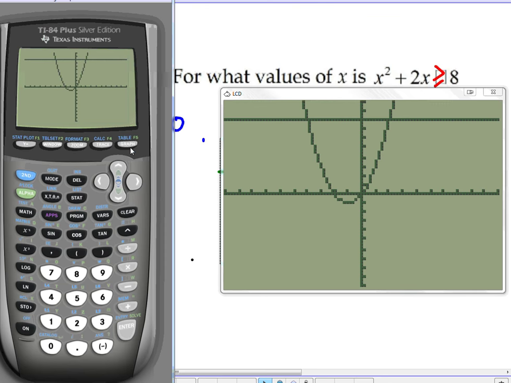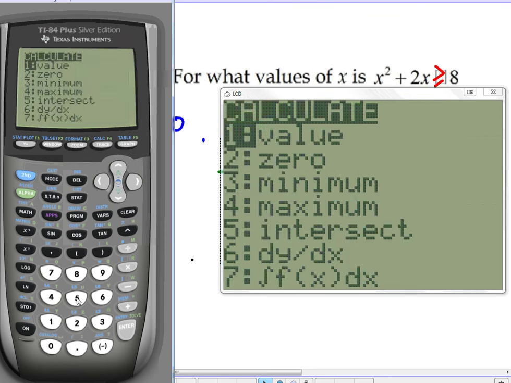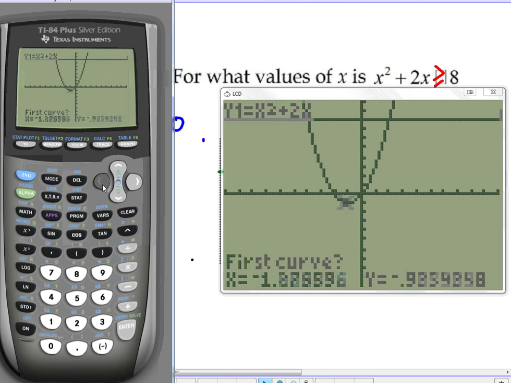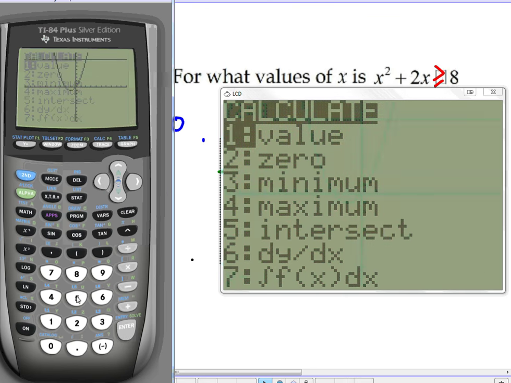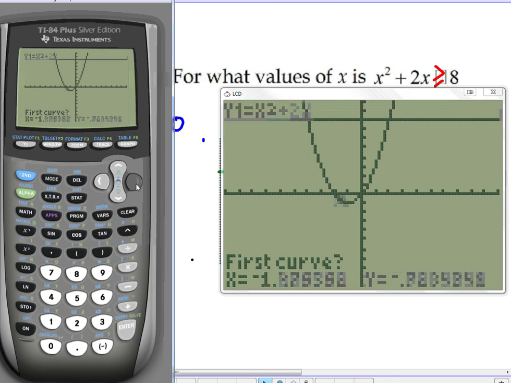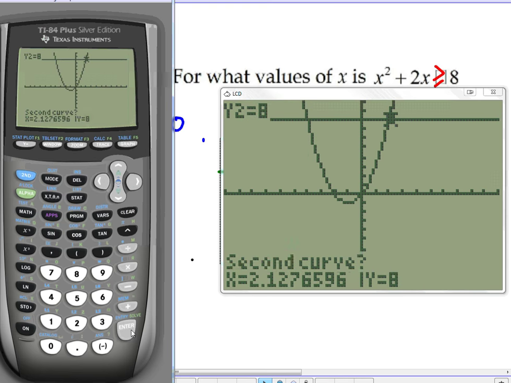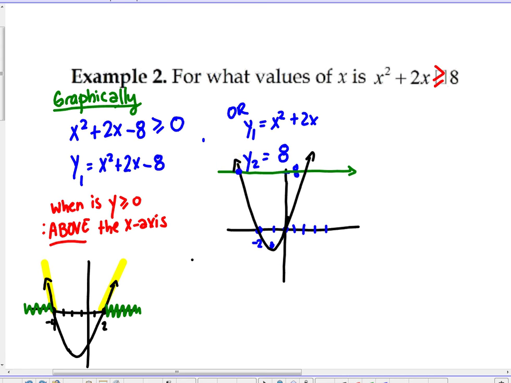So you'd want to find the intersection point. Second, trace 5. We need both of them. So you're not finding your zeros in this case. So there's negative 4. And then scroll over to the other one. Here's the 2. Okay, so notice you still get this intersection point at negative 4, and this intersection point is at 2.